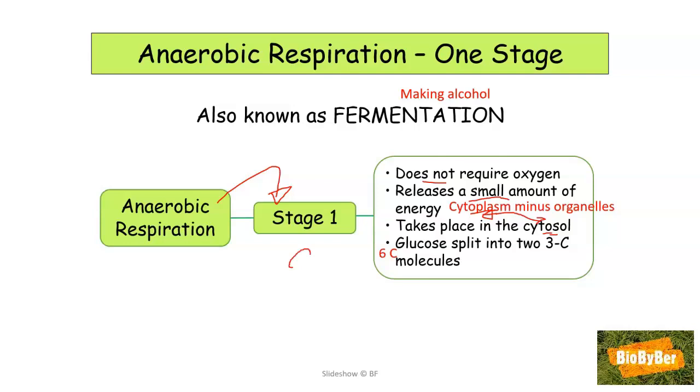In this stage 1 process or anaerobic respiration, glucose, which contains 6 carbons. You might recall that the formula for glucose in our previous video is C6H12O6, and there's your 6 carbons. So glucose, a 6 carbon chemical, is split into 2 3 carbon chemicals or 2 molecules, each of which have 3 carbons.